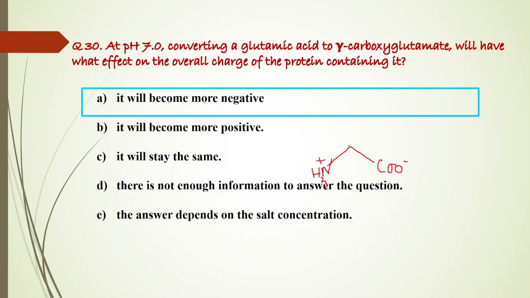So here is your structure, CH2 CH2 COOH. This is your glutamic acid. Now you are converting it to gamma carboxyglutamate. What will be the structure? This is your alpha carbon, C alpha. This is your beta carbon, this is your gamma carbon.